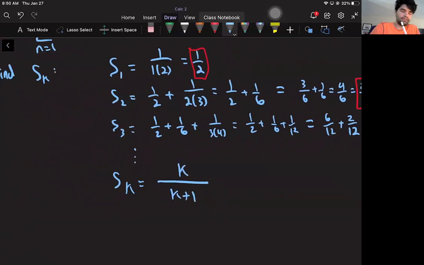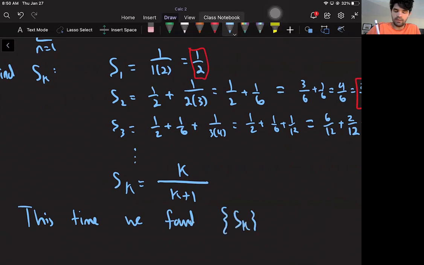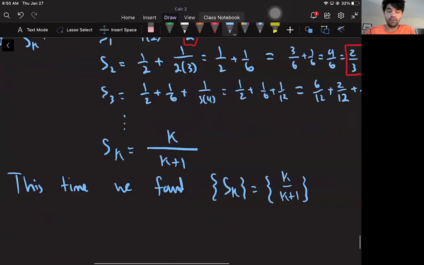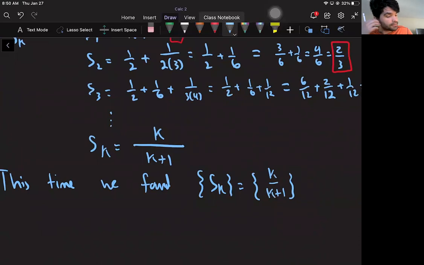Okay, so this time we were able to find the formula for the sequence.